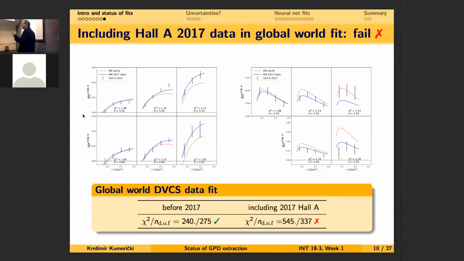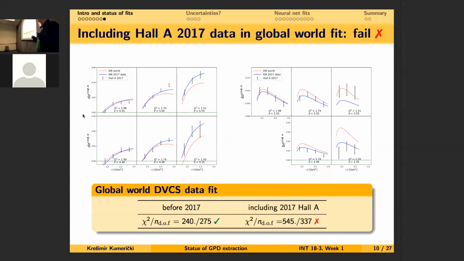This is a very precise measurement at several beam energies. So in principle, it offers us some sort of Rosenbluth separation of various form factors. So it would be nice to really be able to describe it. Presently, a simple application of our model to this data results in a problem, so to speak. So before this data, we have a nice fit. After this, we have problems.